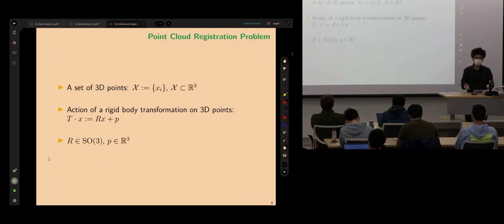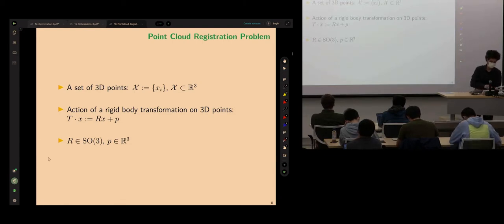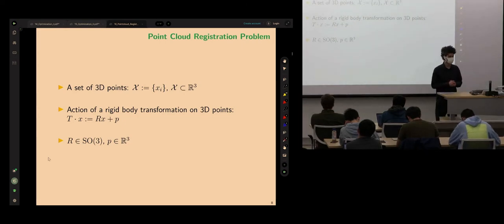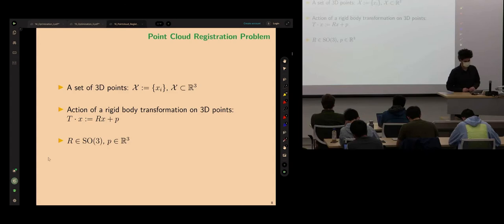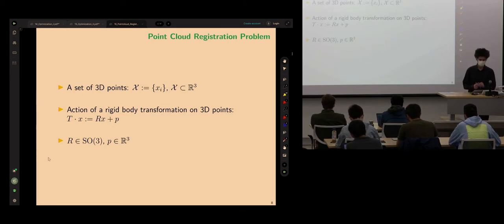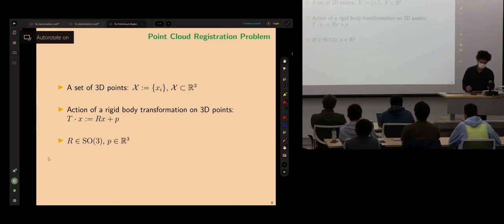So let's formalize the point cloud registration problem. We have a set of 3D points, and these points have 3 coordinates. It's in the 3D space. Every x_i has 3 coordinates. The action of a rigid body transformation we define to be this way, which is not new.